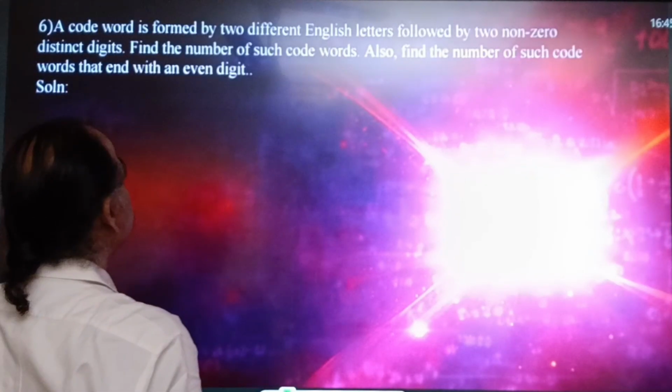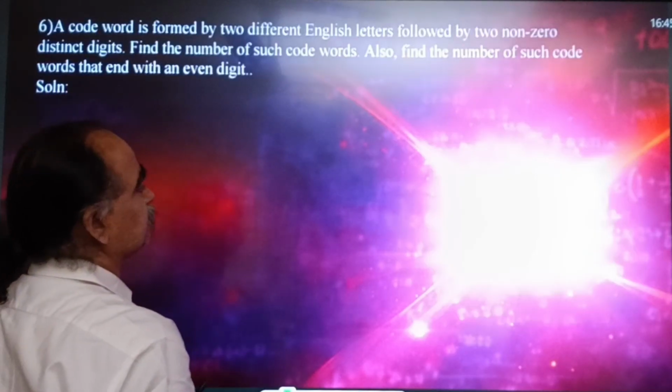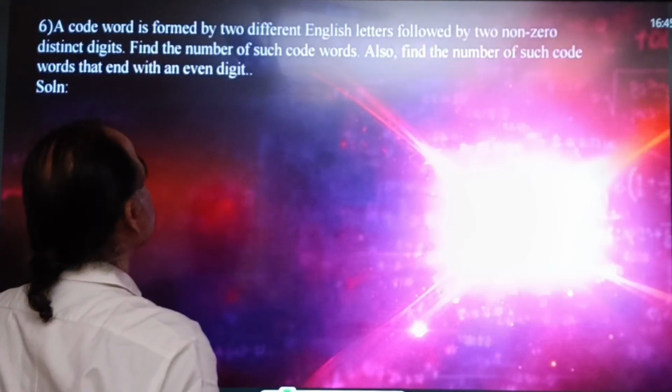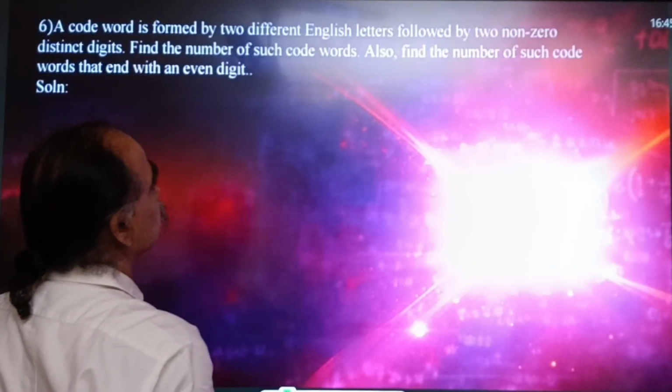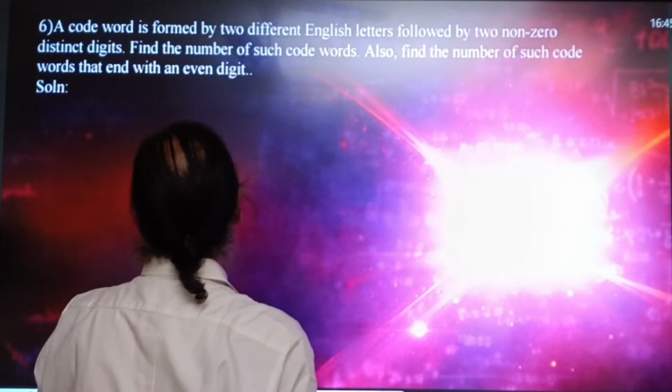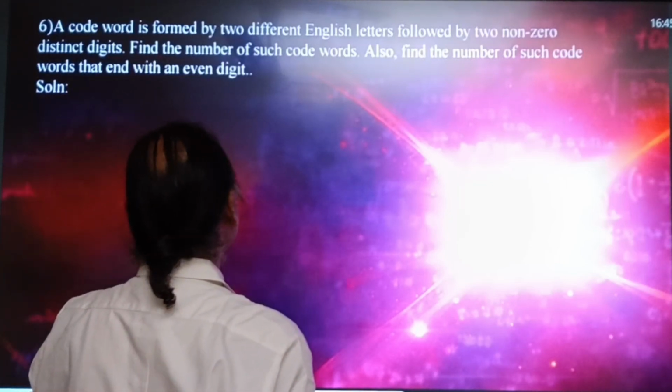A code word is formed by two different English letters followed by two non-zero, distinct digits. Find the number of such codes. Also find the number of such code words that end with an even digit.